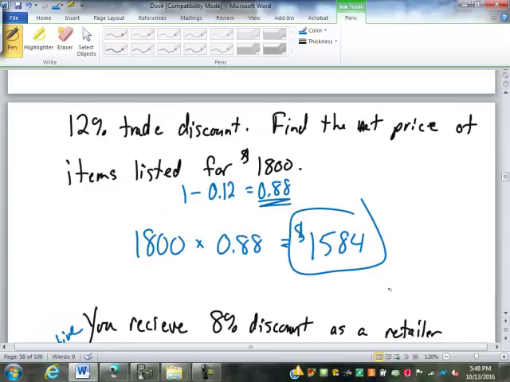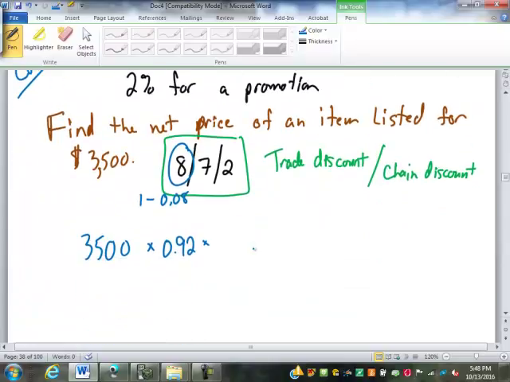We took the discount rate and subtracted it from 1 to get our net price rate. 7 is going to be represented as 0.93.